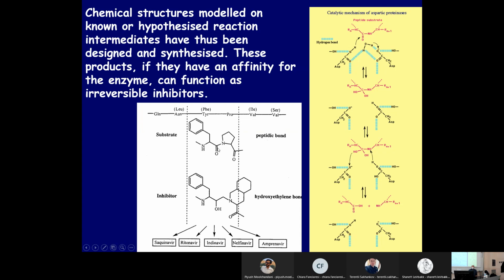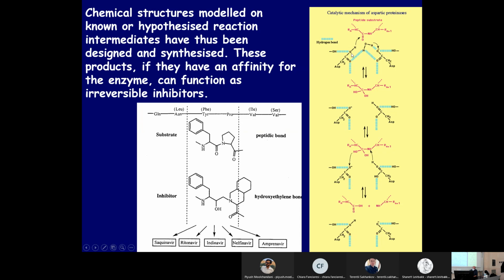In the HIV virus, it was observed a particular hydrolysis between the phenylalanine residue here and the proline here. So you can see the peptidic bond here. And it was observed a particular hydrolysis of this bond given by an aspartic protease.